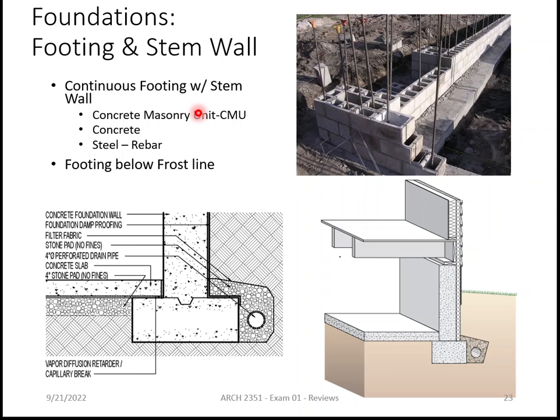If you make that stem wall long enough or tall enough, it becomes a foundation wall, and it gives you the ability to create a basement or a space in there. And then you might pour a slab. Most pier and beam don't have a slab underneath it. Not pier and beam, I'm sorry: continuous footing and stem wall.